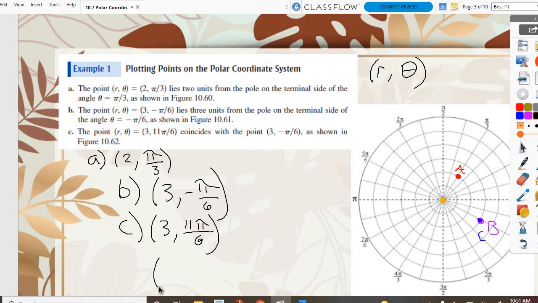However, we said that this first number is a what? A directed distance. Yes. So if it's a directed distance, what happens if I throw a negative in front of it? I think it might go down the same line, but in the opposite direction.